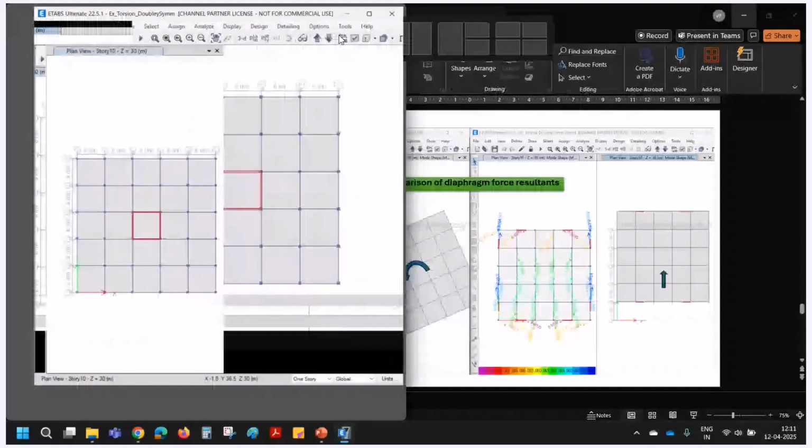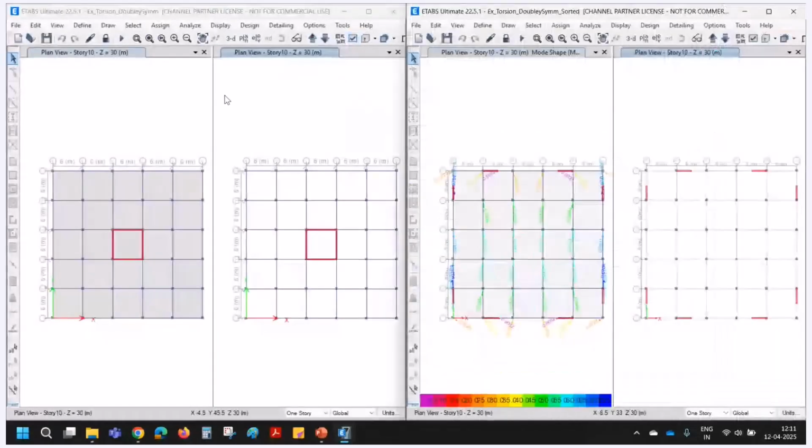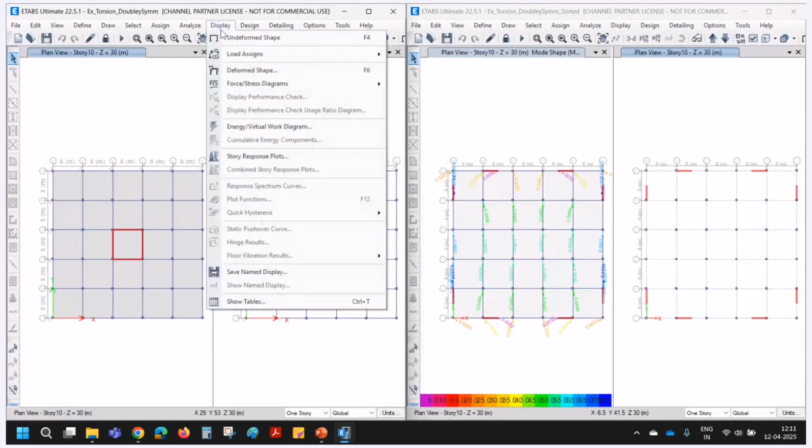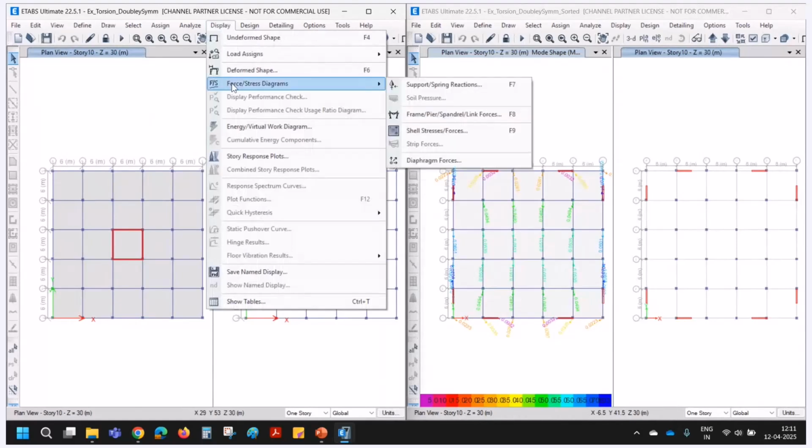So this is parallelly kept for the comparison, and you will see for this building, you will find this output under the display for stress diagram and diaphragm forces.